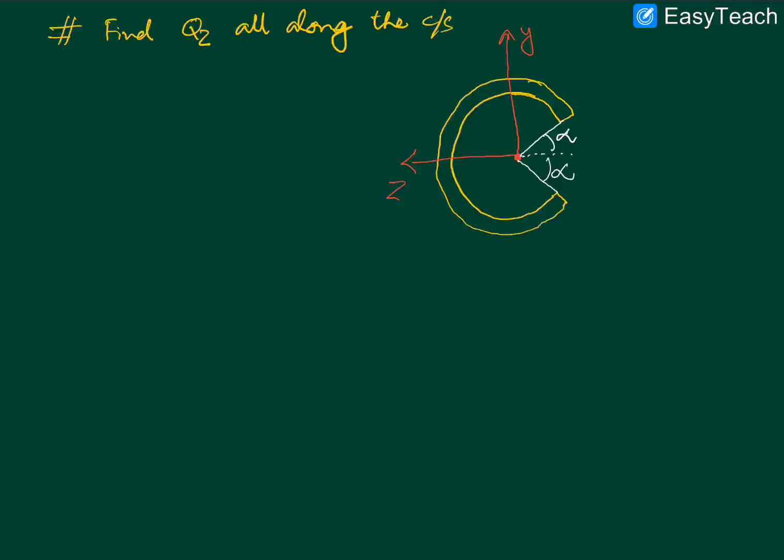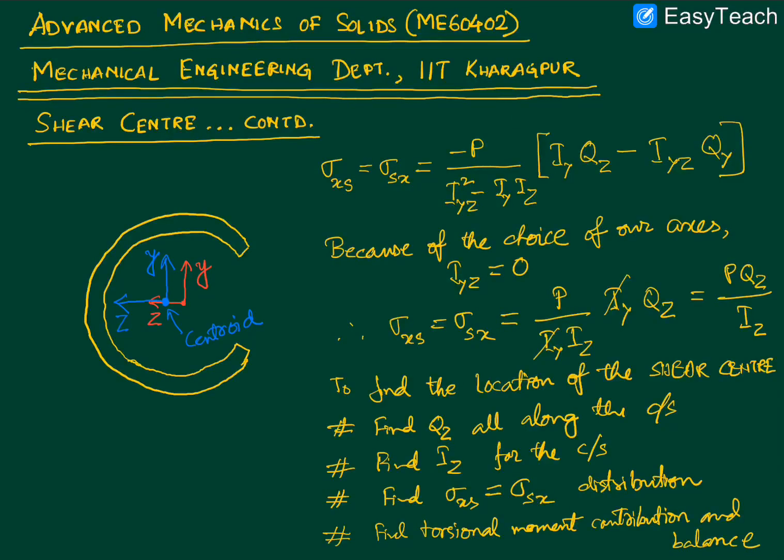Now I am interested, for the purpose of finding the QZ, at different points along the cross section. So I want to sit at different points here, all along this cross section, and I want to find out the value of the QZ. Okay, so how do I do that? If you remember what we had done near the end of the previous lecture, we can quickly refer to that also.